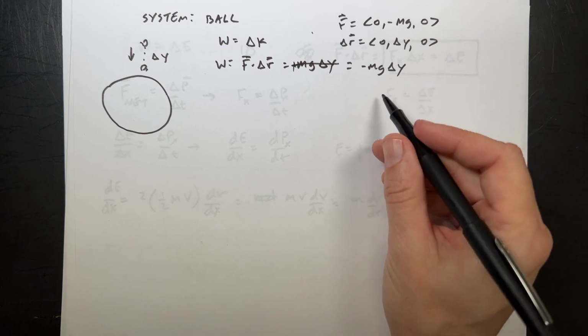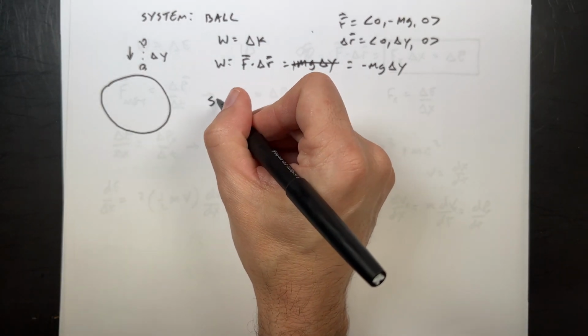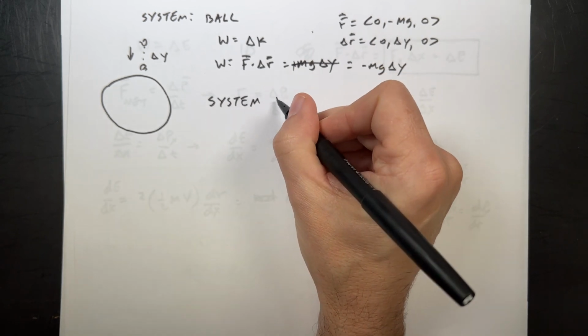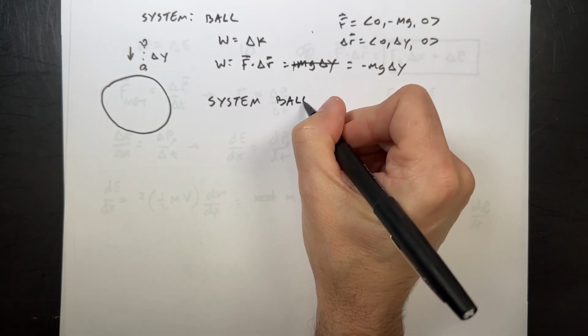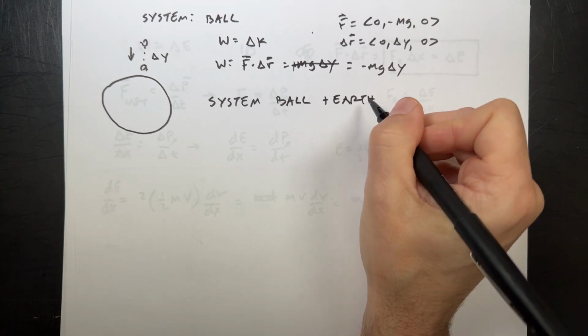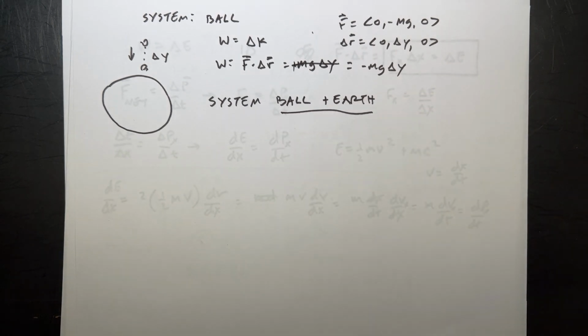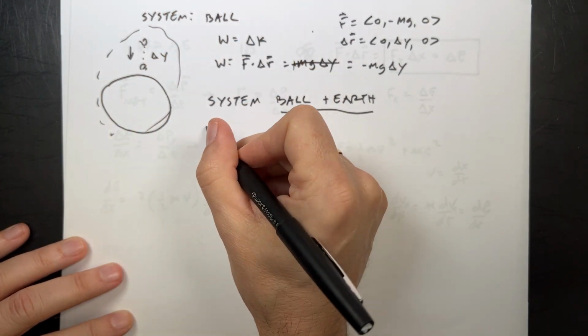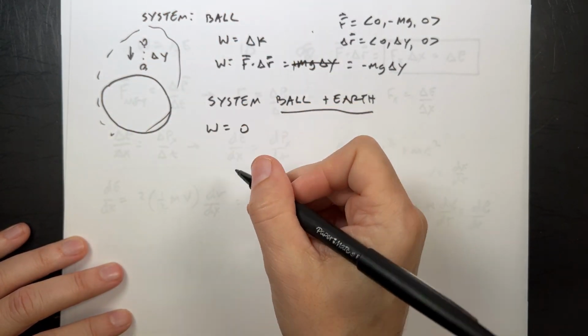We did that already. But what if I include the system of the ball plus the Earth? In that case, I have this as my whole system. There's no work done on the system.